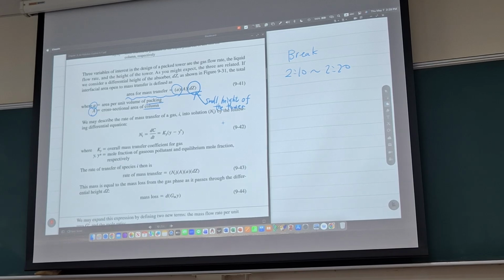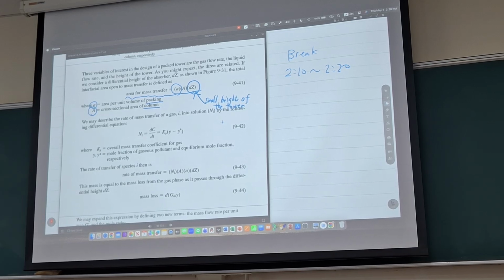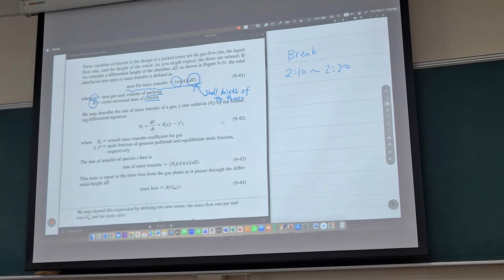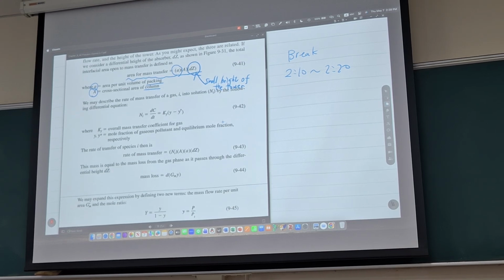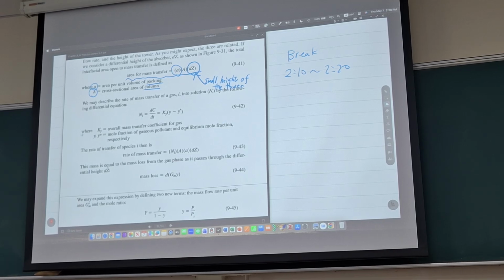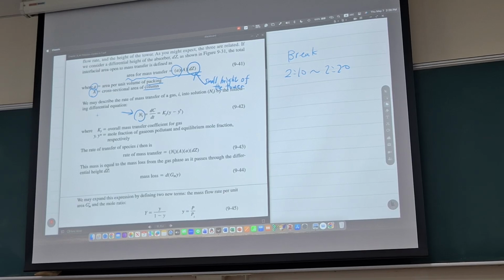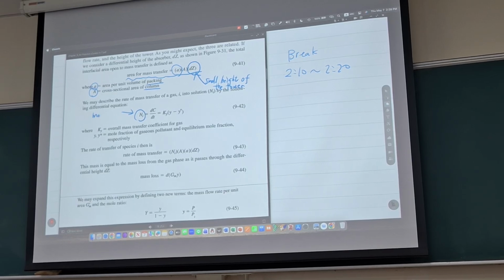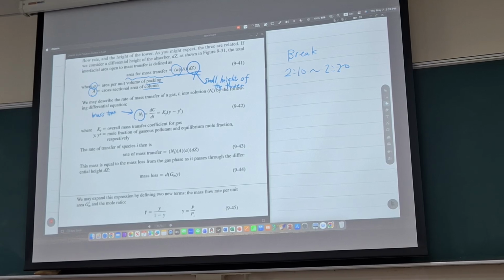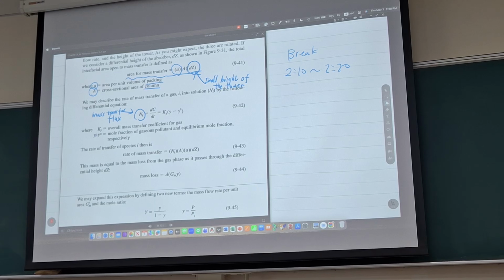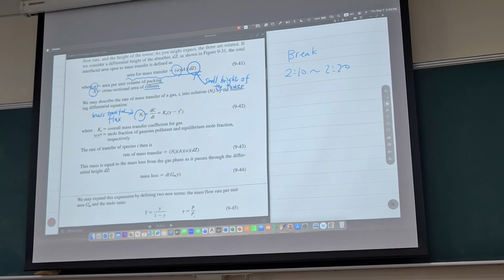So dZ is the small height of the tower. Ni is mass transfer flux. Ni is mass transfer flux. Ni equals dC over dt.